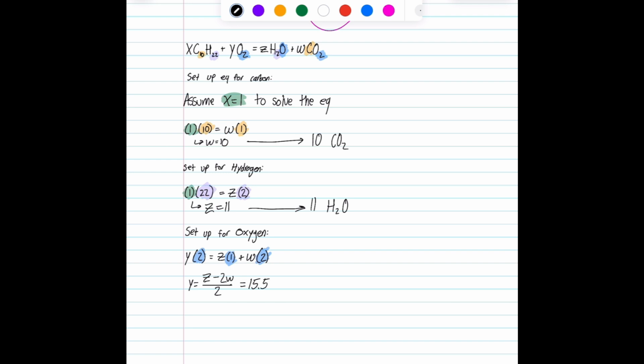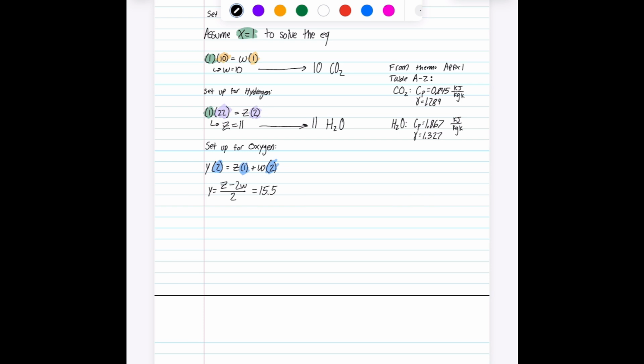So now we have 10 parts CO2 and 11 parts H2O for the combustion product mixture. And we can take from table A2 the Cp and gamma values for those components.